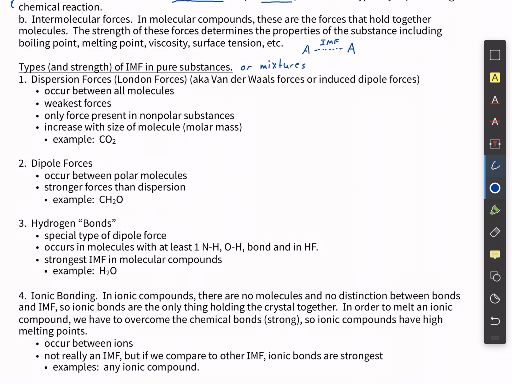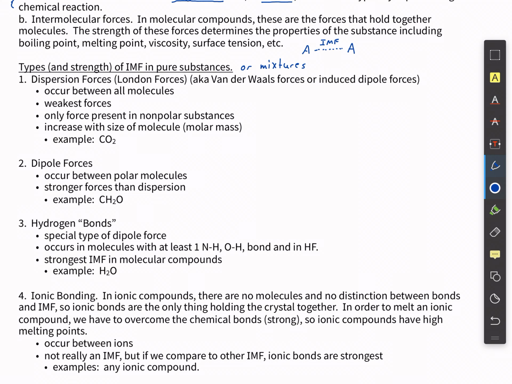Some people even combine those terms, London dispersion forces. The term van der Waals forces is an older term that some particularly organic chemists still use. And then later on, you're going to see a lot of these forces are named based on the types of particles that are interacting. And so sometimes these are called induced dipole forces. Again, all of these terms are interchangeable. They all mean the same thing.